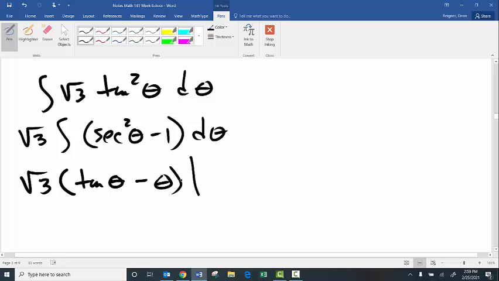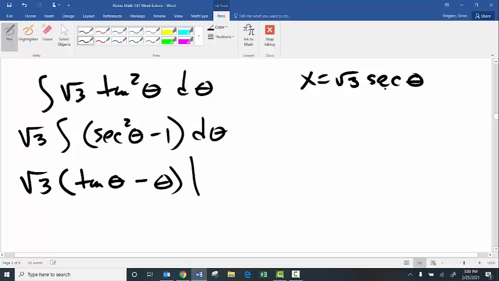So now what we have to do is we have to change those numbers around. You don't want to put root 3 to 2 because those were x values. So now you can see our values are theta. So what you have to do is you have to go back and figure out what theta is. So if you remember, we had an original equation. We had x equals root 3 secant theta.